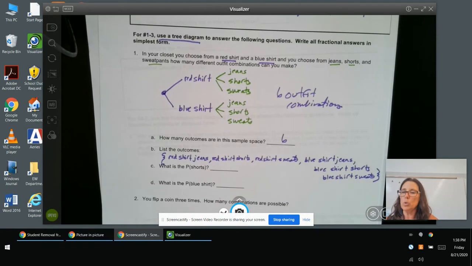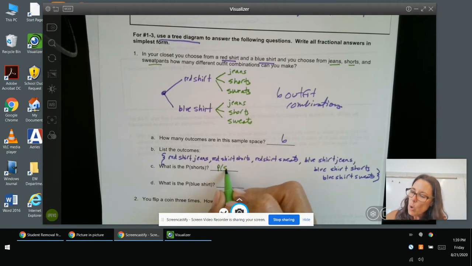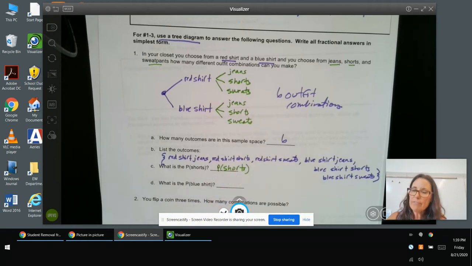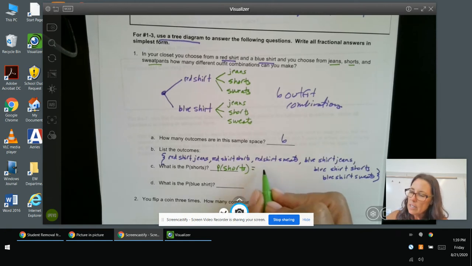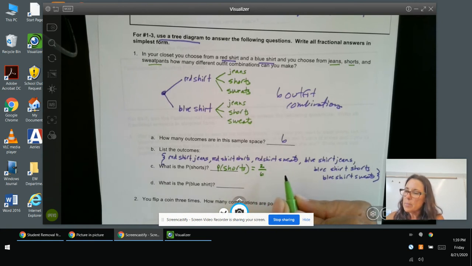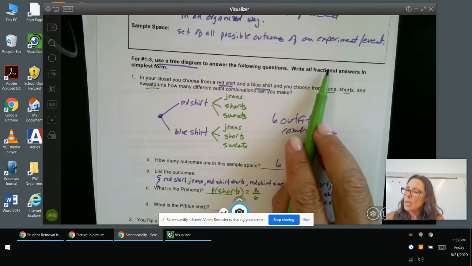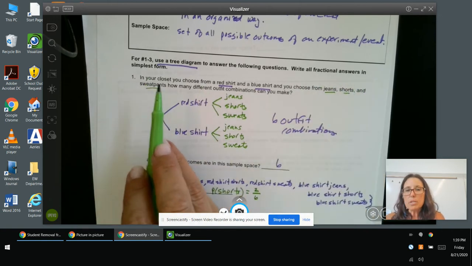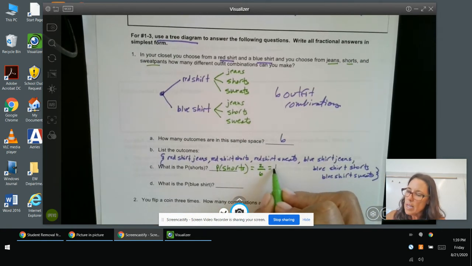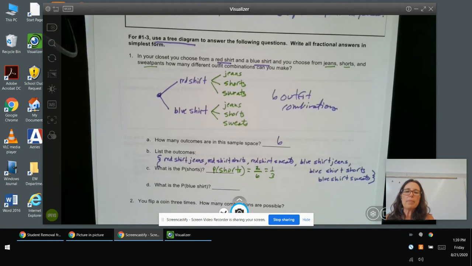I see two options out of 6 options. So probability of shorts. It's always nice to have formal notation, a capital P with what you're finding. 2 chances out of 6. And notice back up in the directions, write all fractional answers in simplest form. So we better reduce that down to the 1/3 equivalent.